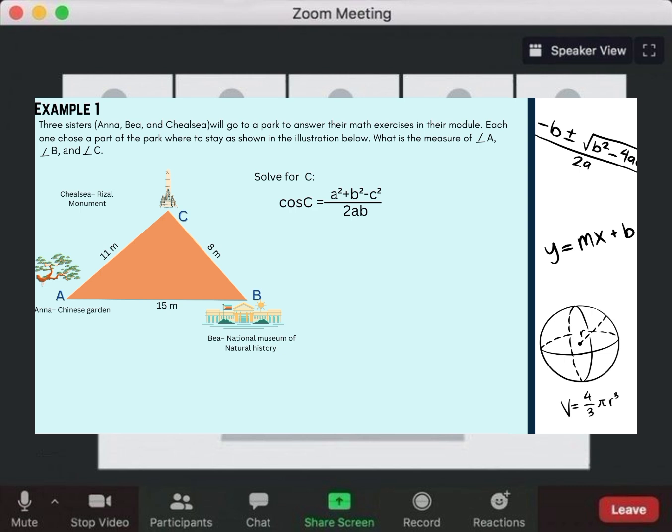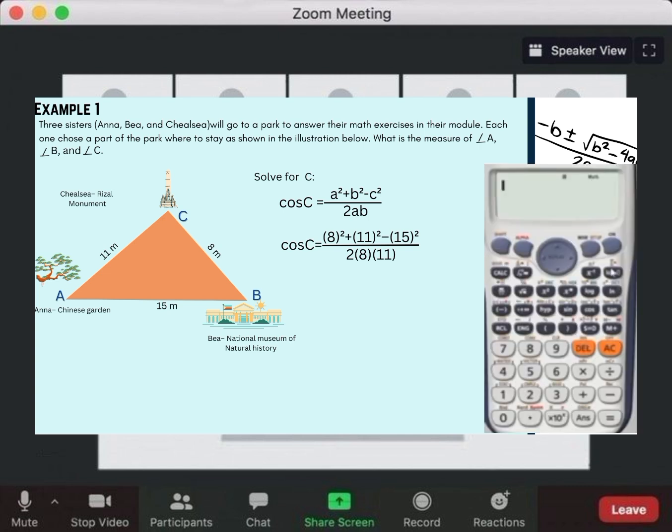We substitute all the values: cosine C equals 8 squared for A, 11 squared for B, and minus 15 squared for C, over 2 times 8 times 11.